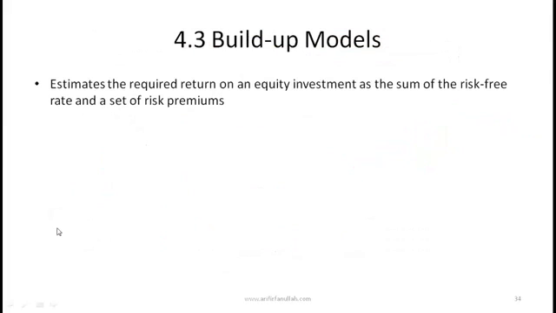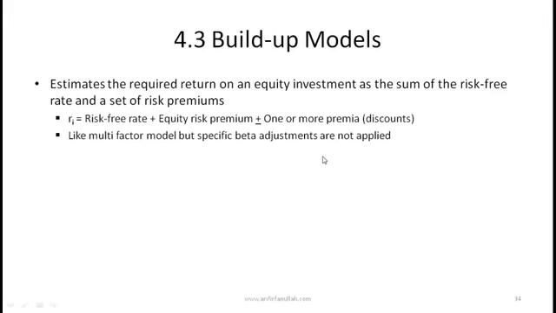Okay. Next, build-up models. Build-up models estimate the required return on an equity investment as the sum of the risk-free rate and a set of risk premiums. So you say that expected return is the risk-free rate, plus you add the equity risk premium, and then you add a bunch of other premiums.